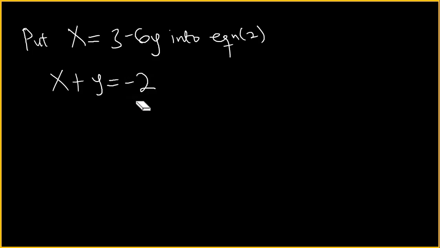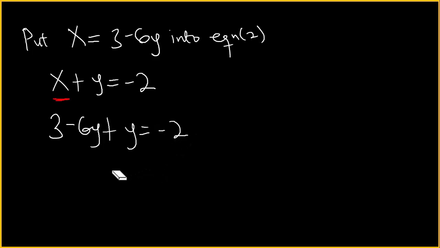So anywhere x is seen, it is replaced with 3 minus 6y. We have 3 minus 6y as our x, plus y equals negative 2.